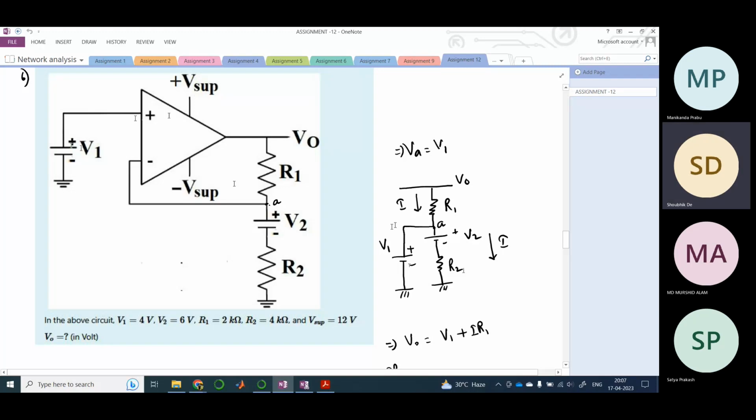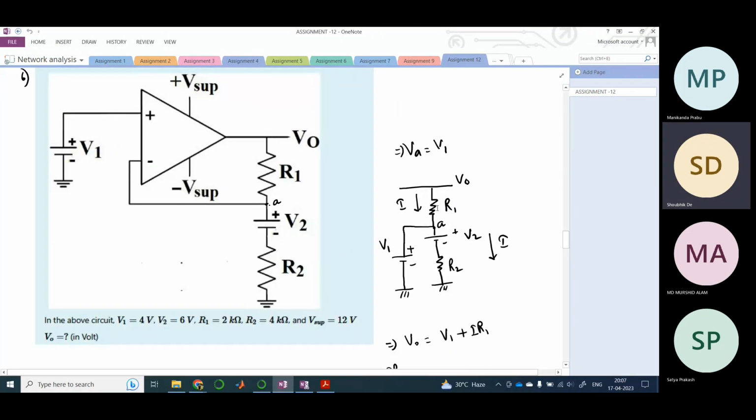Therefore there is no current flowing through this path. So this is a direct path where current I flows from V0 to the ground, and the potential across V2 plus this resistance drop is nothing but the V1 voltage connected to your non-inverting terminal. That is why there is only a single current flowing through this path. I hope this is clear.